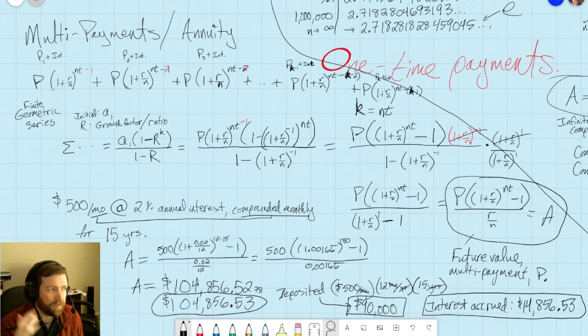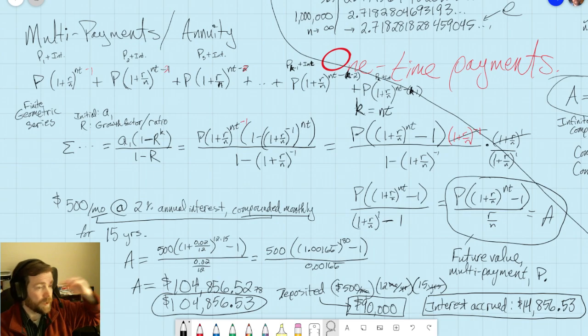Alright, we could do the same thing for loans, but I'm not going to. The amount you take during the first month is going to start accruing interest. Or, sorry, the amount that you're going to pay off in the last month is going to gain a whole bunch of interest, and so it ends up being essentially this term here. Then when you move over one, it's going to do the same thing as this one.